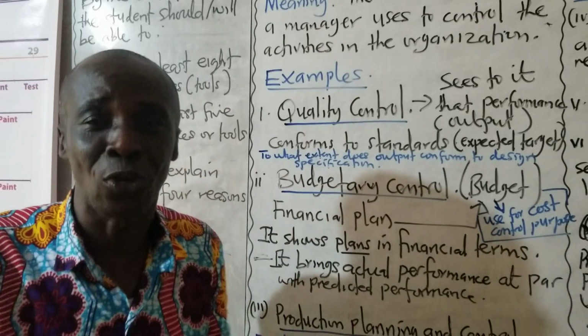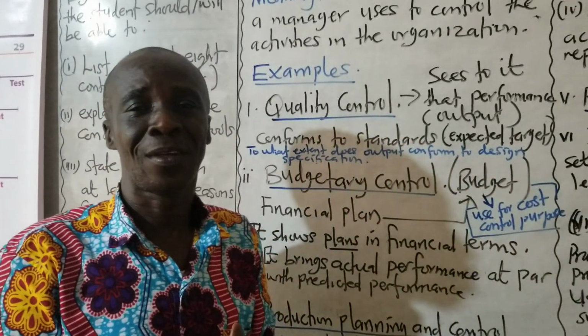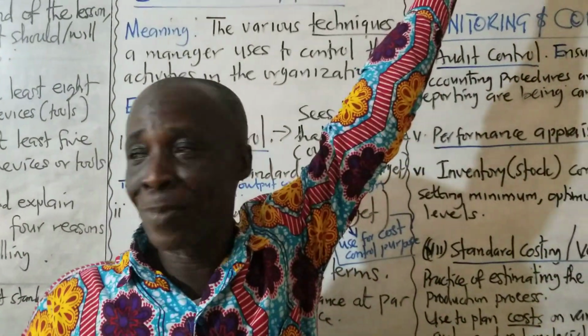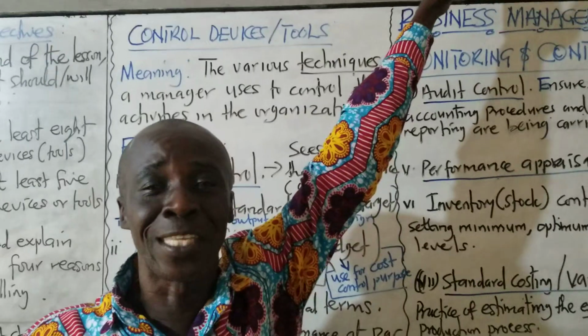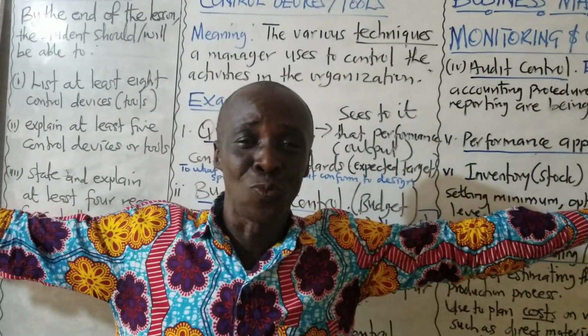So what do you want? What has been produced? Are they at par? Or this is what you wanted, but this is what has been produced. It means that there is deviation, and then the necessary corrective measures should be taken.